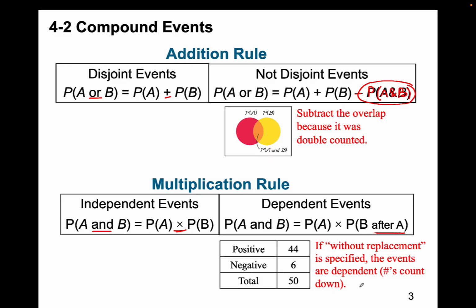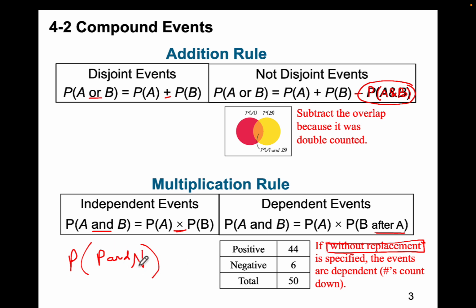Let me explain. If we're talking about the probability of event A, I'm going to call it P for a positive one, and the probability of event B, I'm going to call it N for a negative test result, is polled. And in the question, it says that once we poll event A, we are not going to replace it.